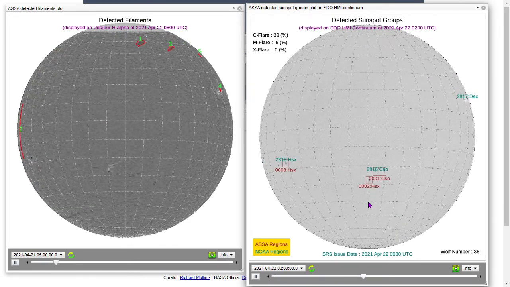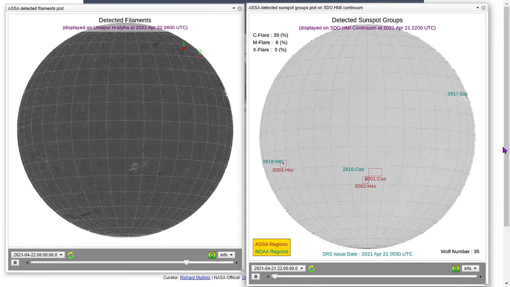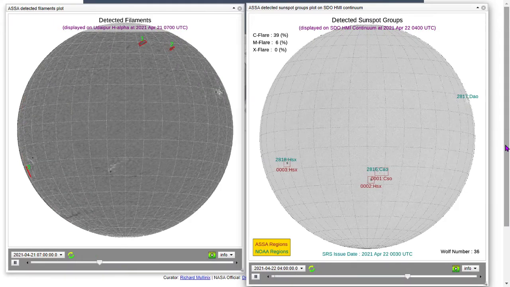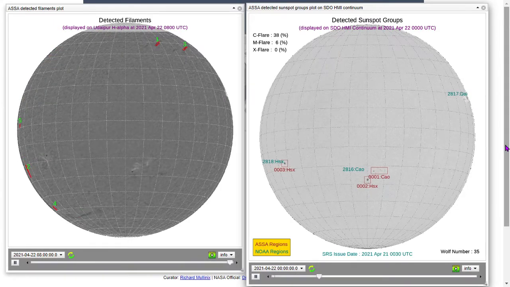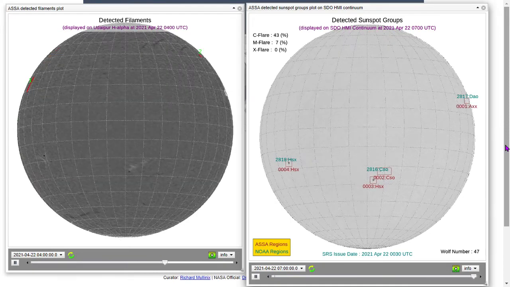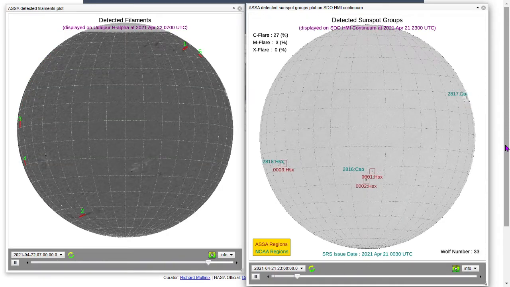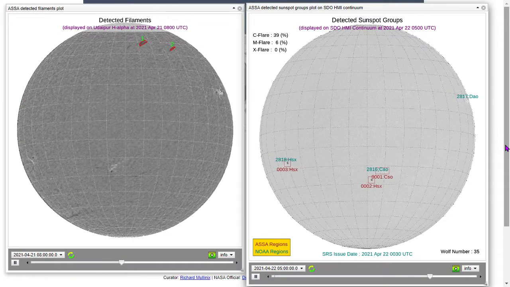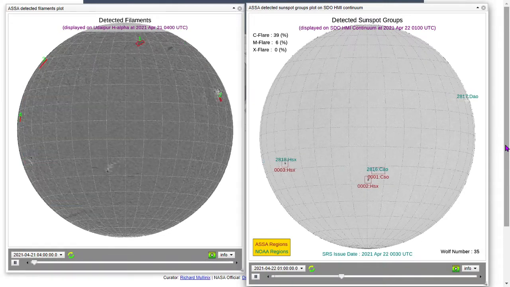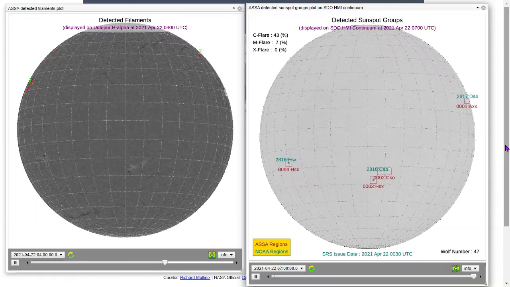Sunspot 2816 remains significant, having produced significant flares and the stimulus for coronal mass ejections. Expect more of those. And sunspot 2818 is rather large, but still only alpha class, unlikely to produce significant flares or a lot of activity.